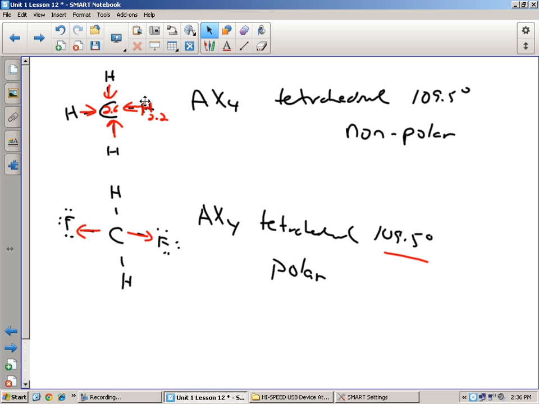Which way does the resultant vector, a fancy physics term, for those two forces go? It goes down, correct? If somebody pushes here, somebody pushes here, what happens to this atom? It would go down, yes? Pushing down. So that goes down between these two.